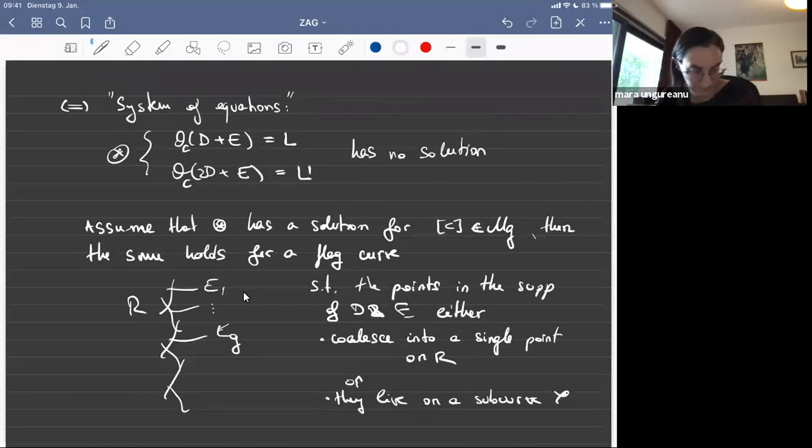Of this flag curve with a certain property, that its arithmetic genus is at most the degree of D plus N.